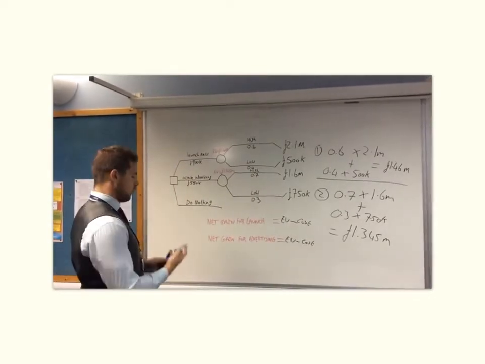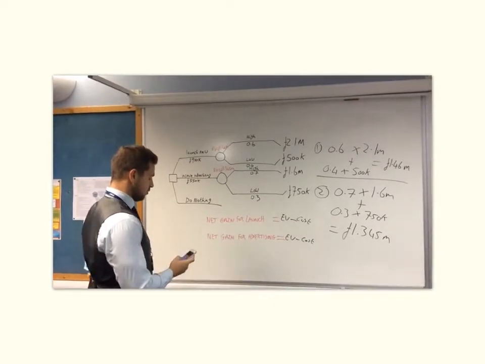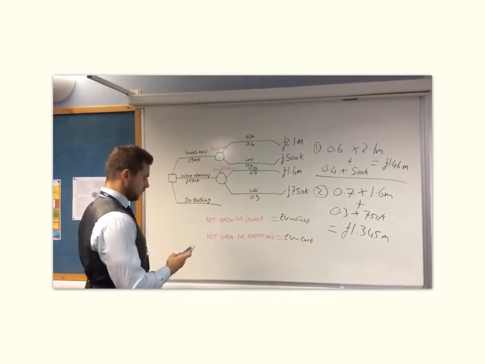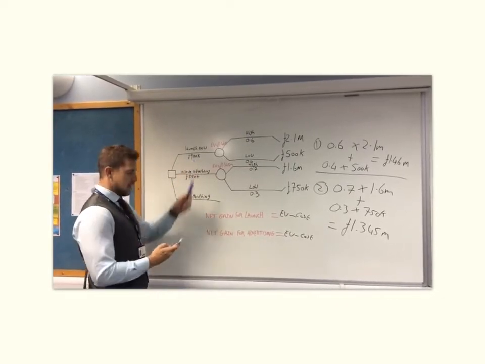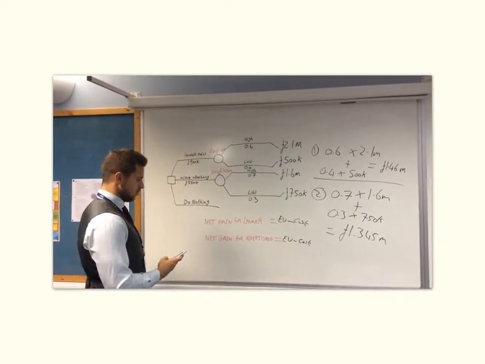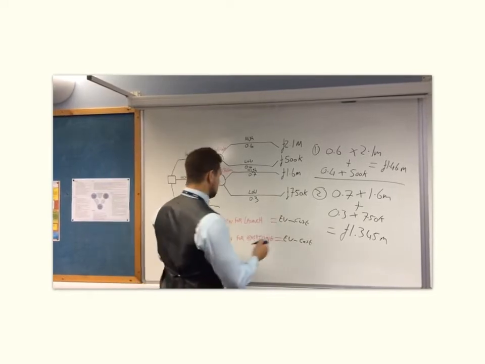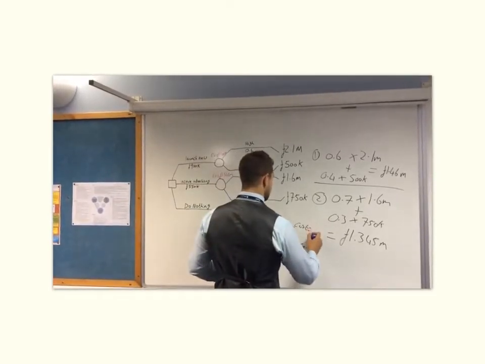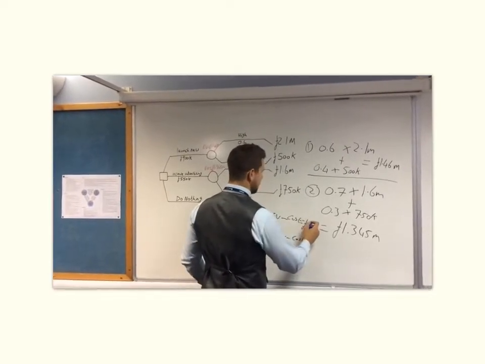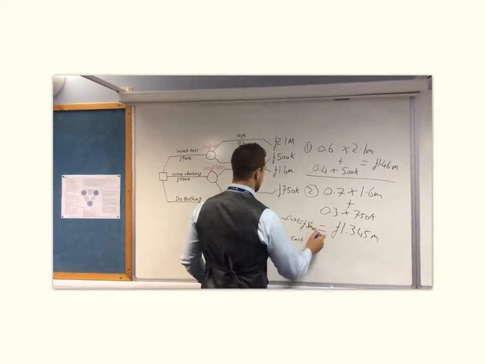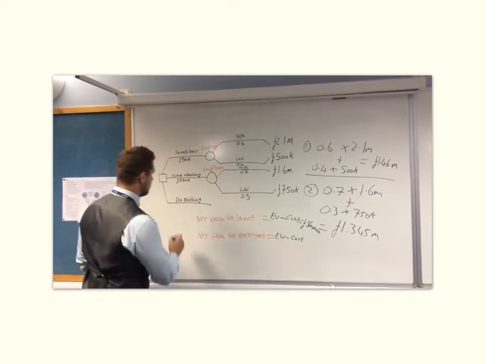So 1.46 million for the first one, minus the 900,000, gives us 560,000.